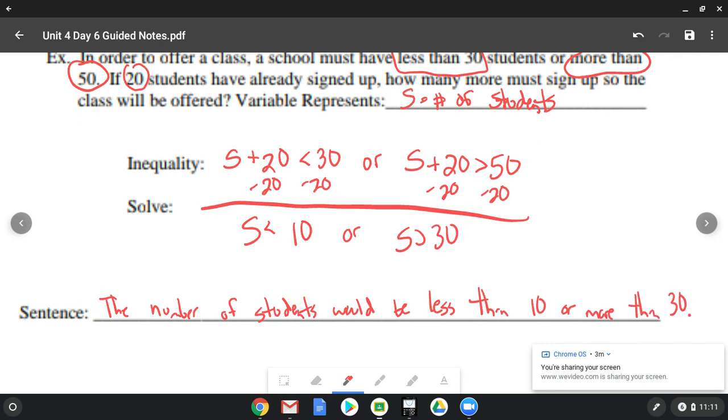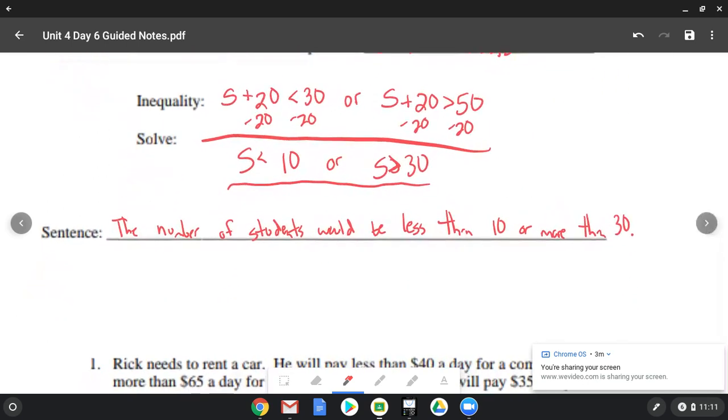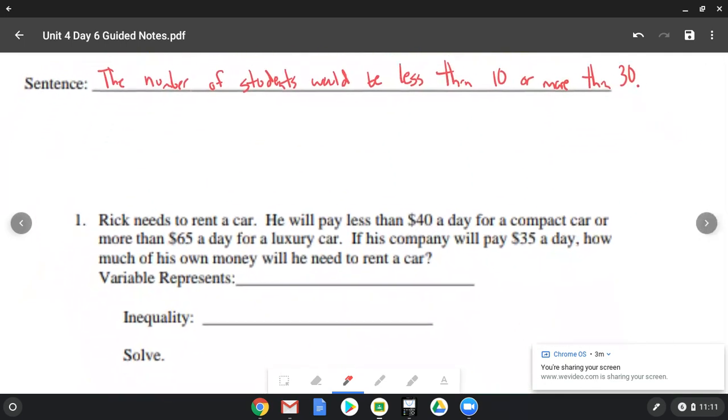So something simple. That's just what I see right here, right? I just described that students less than 10 or students greater than 30. So that's how they're all going to be set up. Almost the same basic setup over and over again.